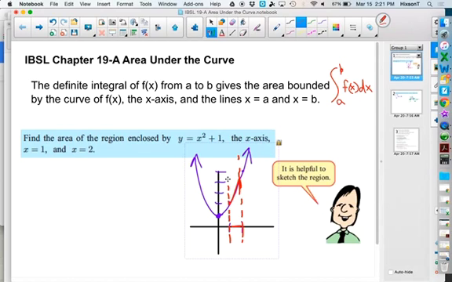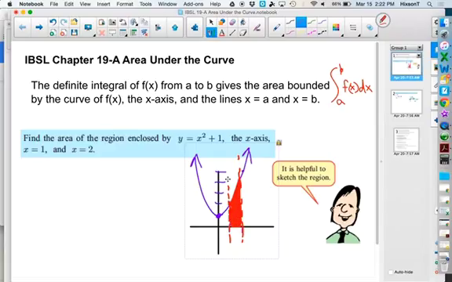So we're trying to find this area contained within this region. So that's the area we're trying to find.